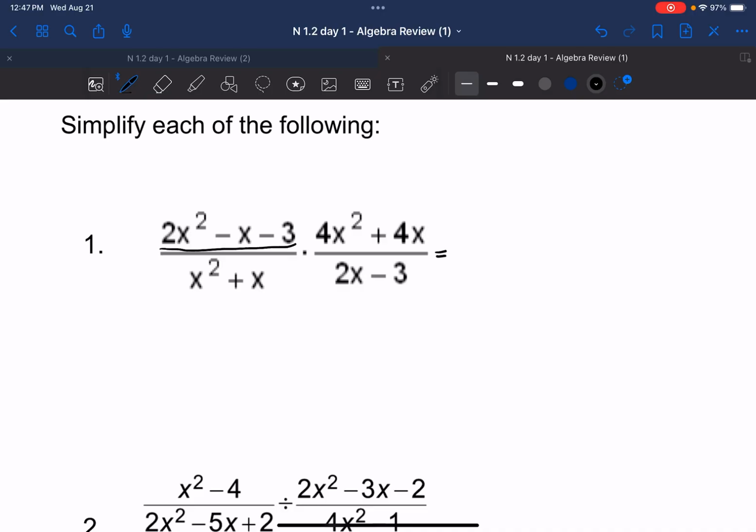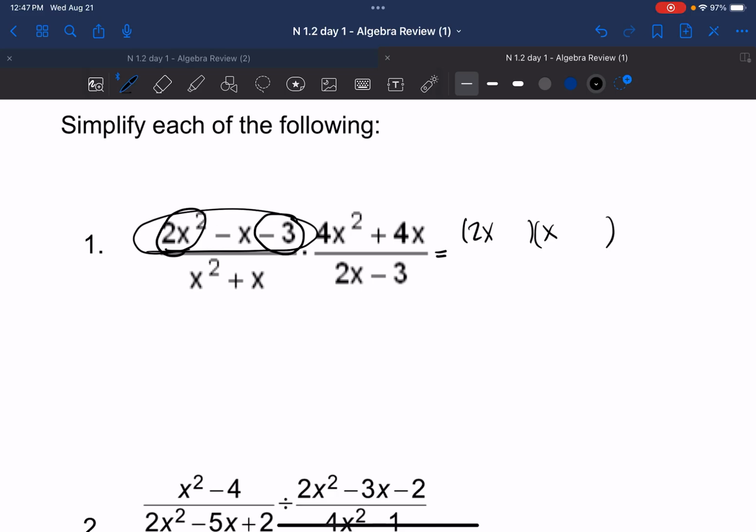So first thing we are going to do is factor every piece that we can. So this piece right here, 2x squared minus x minus 3. If I'm going to factor that, I look at the 2x squared piece first, which tells me to use 2x and x to start my factors. Then whatever I put at the end has to multiply to give me -3.